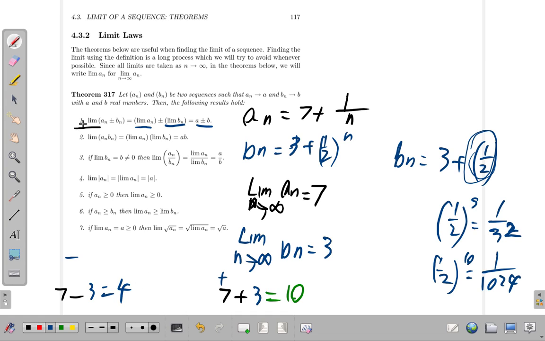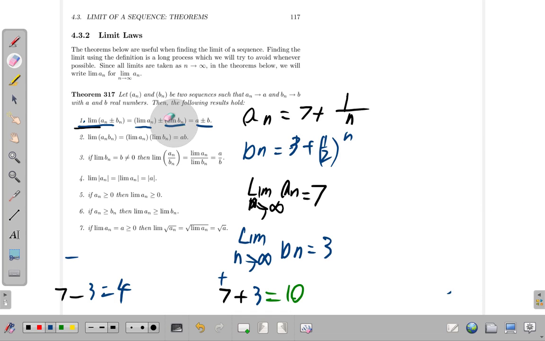Suppose we put them together, as in this case. What would happen? If we put everything together, an plus bn would be what?